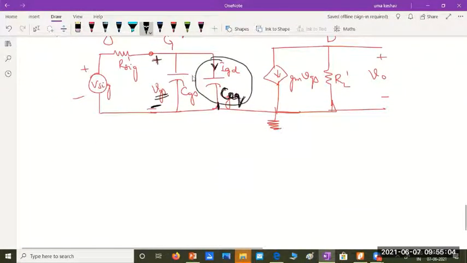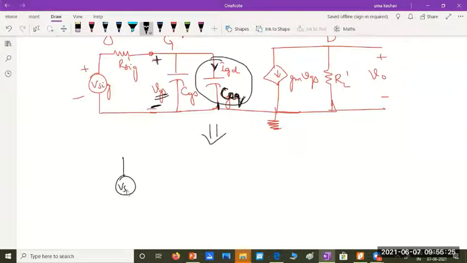So the circuit can now be replaced with this capacitance. Now can we find the expression? What would be the expression for the gain? Let me simplify one more step before that.